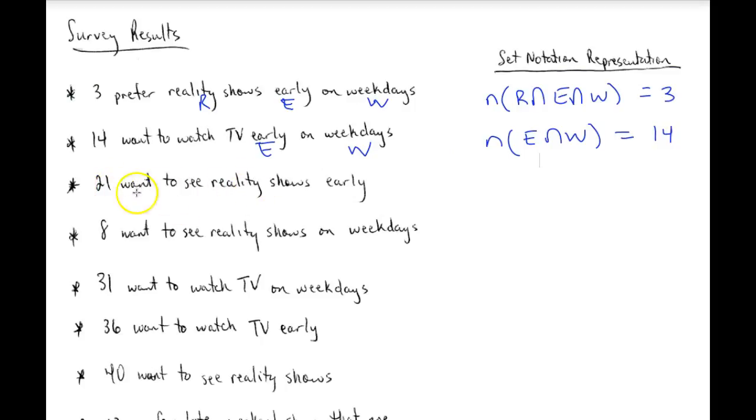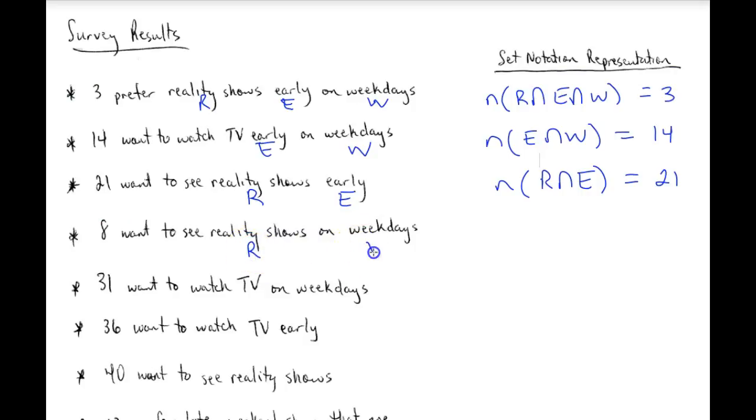Carrying on, we see that next we have 21 people who want to watch reality shows and they want to watch them early. So that would be the cardinality of the set R intersection E, which is 21. Next, we see that 8 people want to see reality shows on the weekend.